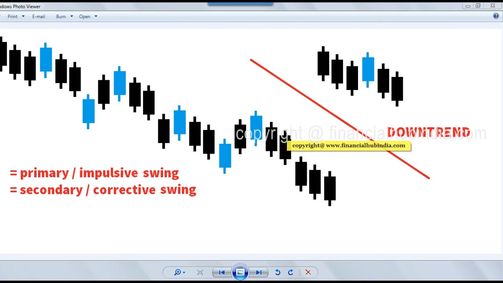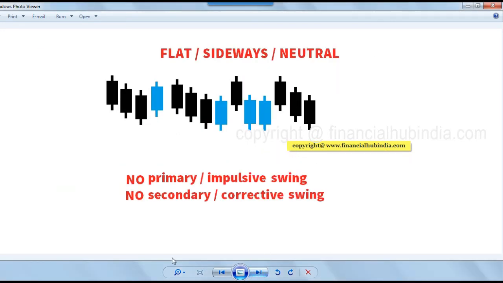Now what's happening here for a flat market? No direction. The distance traveled from here to here is almost the same distance it traveled from here to here.